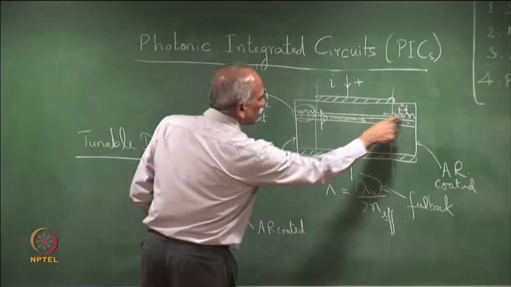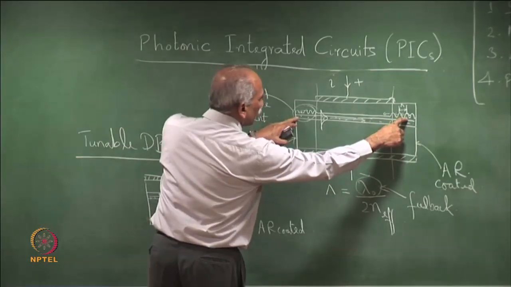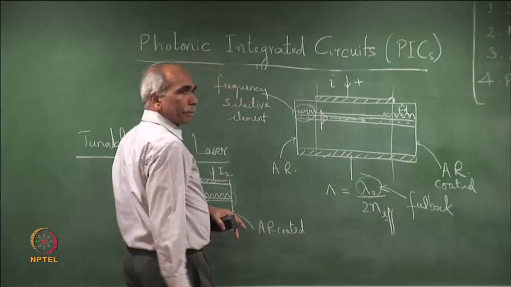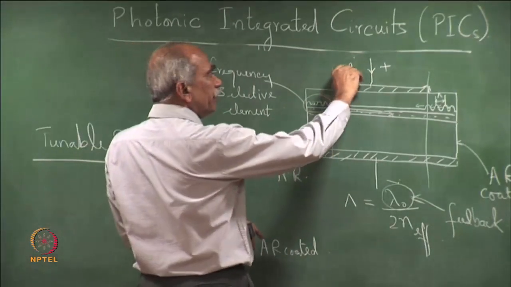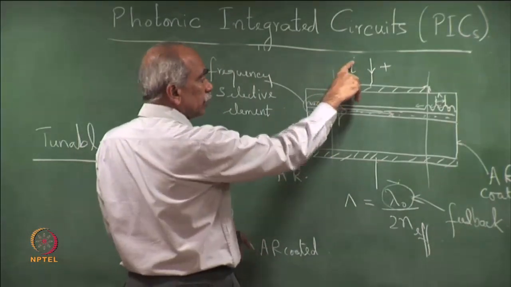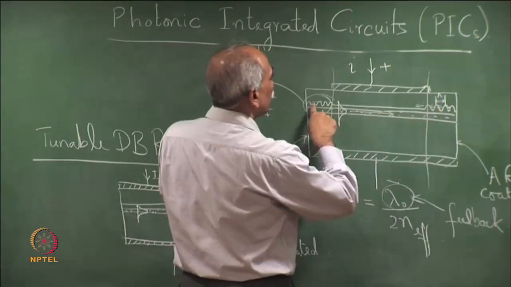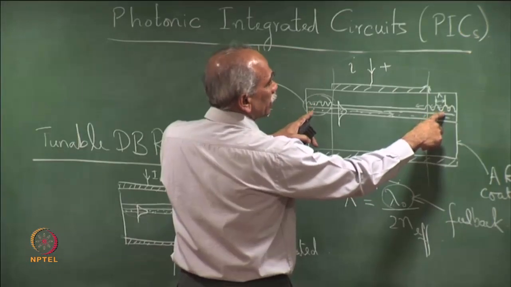So, there is no current flowing here, and therefore the frequency selection is done by these gratings. Even if you vary the current here, the frequencies do not change, because frequency selection takes place in this region by these gratings.